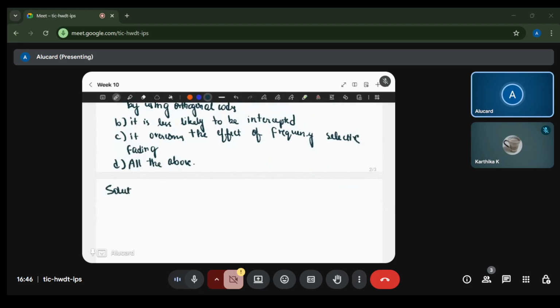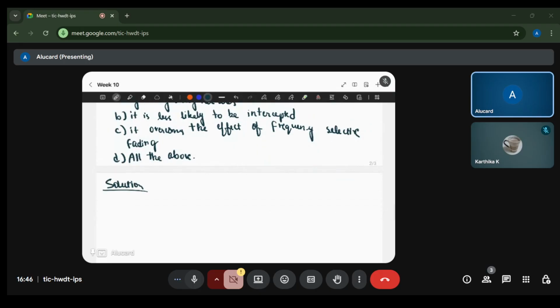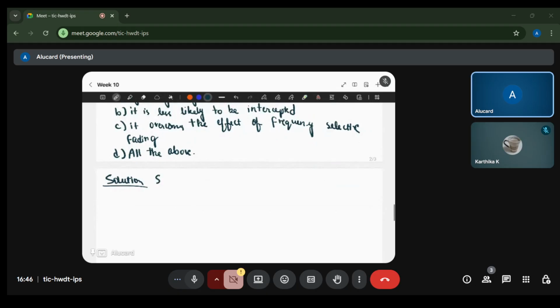I'll give you hints to solve this. Spreading codes we use in DSSS are very close to uncorrelated.